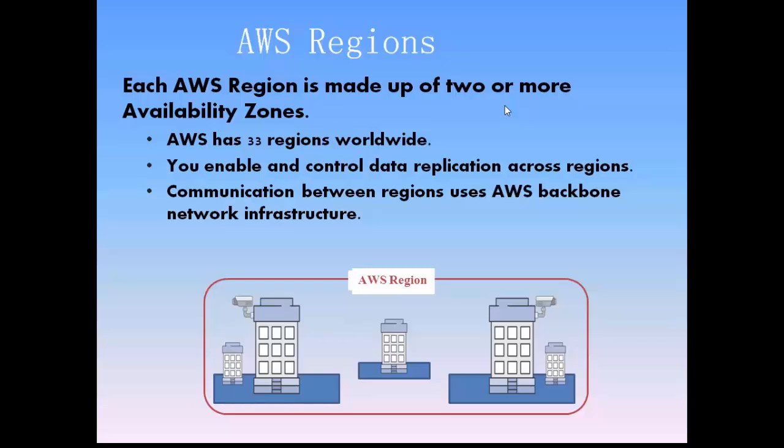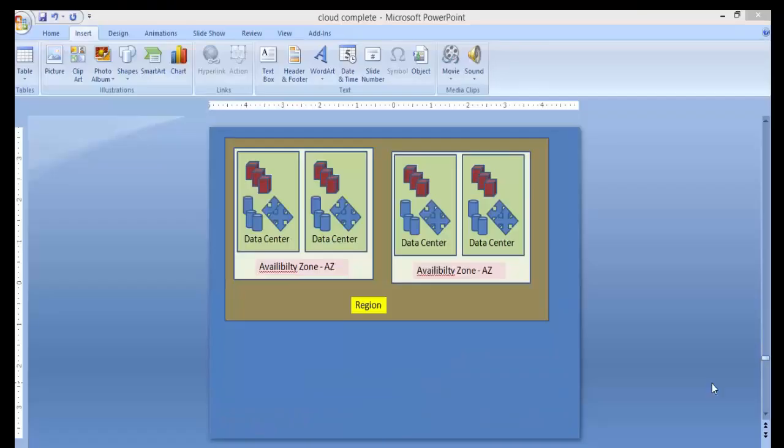Third is the region. Hope till now your data center and availability zone are clear to you.